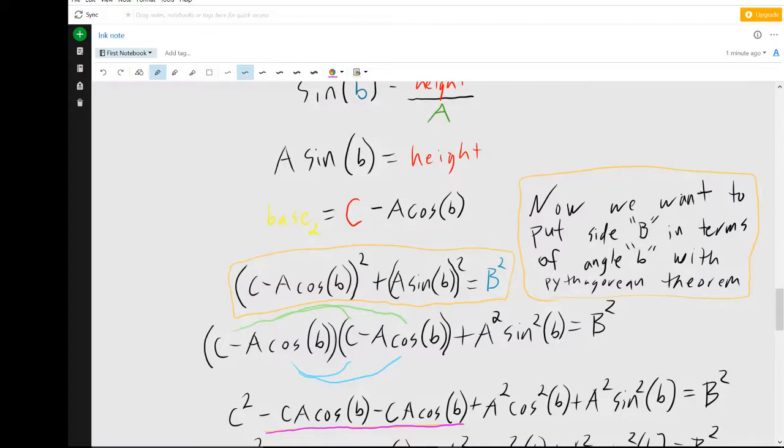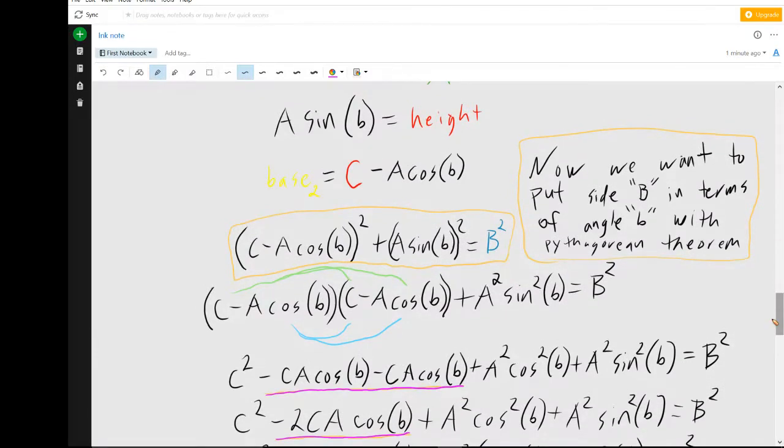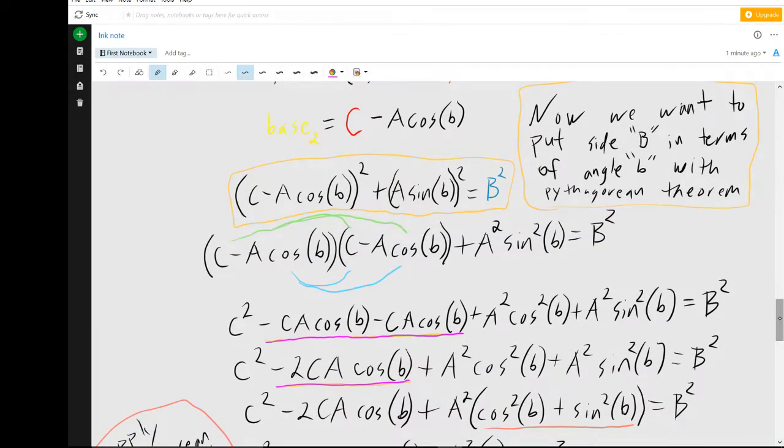So we're going to do the a sine b squared for the height, and then, as I said earlier, we're going to look for b squared, because we have this now in terms of angle b. So we've got this c minus a cosine b squared. That's a binomial, so we're going to split it apart, right? That squared means that whole thing times itself, and then we're going to distribute everything through.